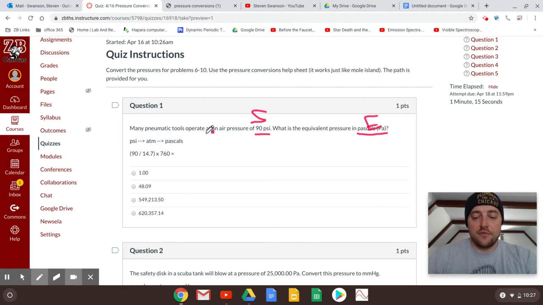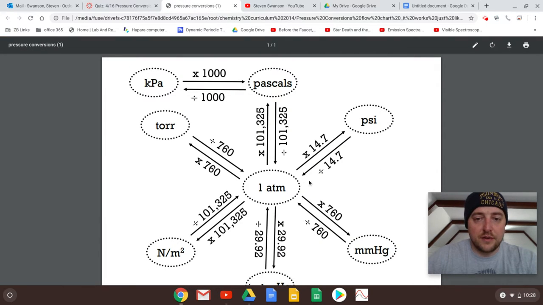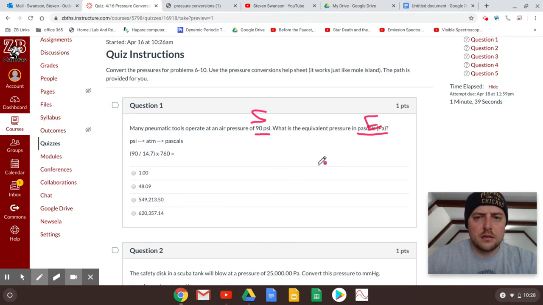And it's even set up for you. If we plug it in exactly as it's shown, 90 divided by 14.7 in parentheses, and then you would times by 760 again.